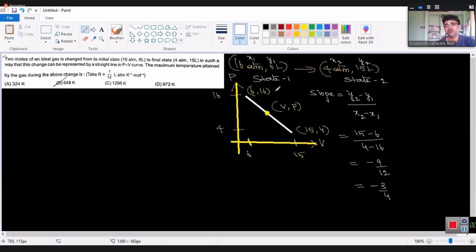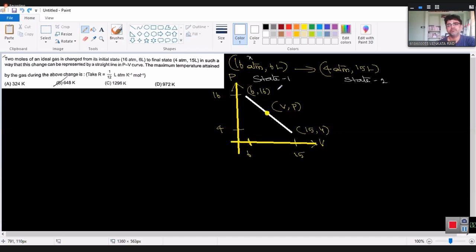Pressure is taken on the y-axis. Correct? So better I'll write the coordinates as 6, 16 changing to 15, 4.